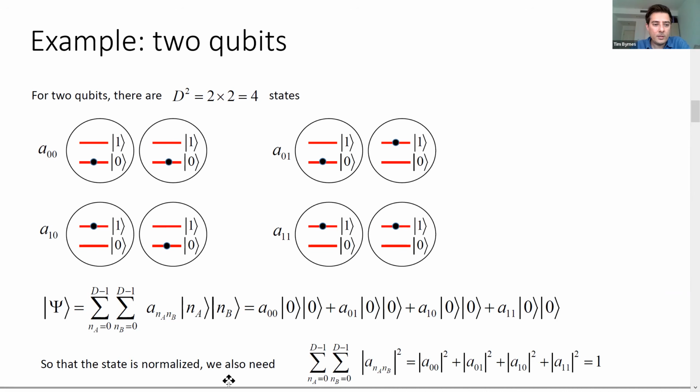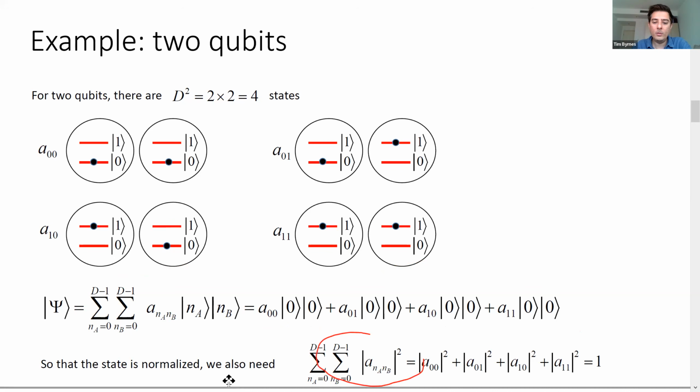So the states that we're going to have are all the different combinations: 00, 01, 10, 11. And the states that you could possibly have are, again, any combination of these 4 states. These coefficients, A00, A01 and so on, are complex numbers that you can choose arbitrarily, and they are normalized.